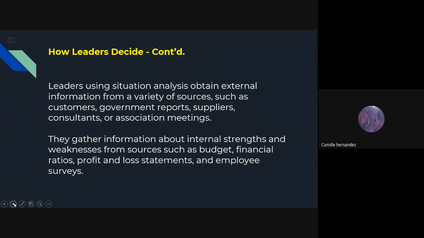Leaders using situation analysis obtain external information from a variety of sources, such as customers, government reports, suppliers, consultants, or association meetings. They gather information about internal strengths and weaknesses from sources such as budget, financial ratios, profit and loss statements, and employee surveys.